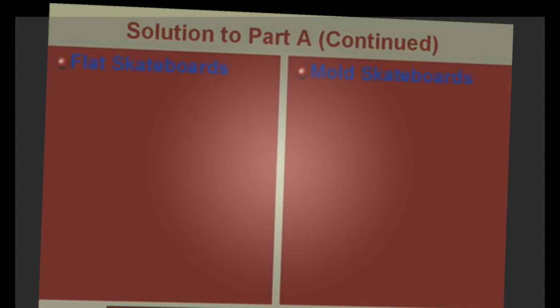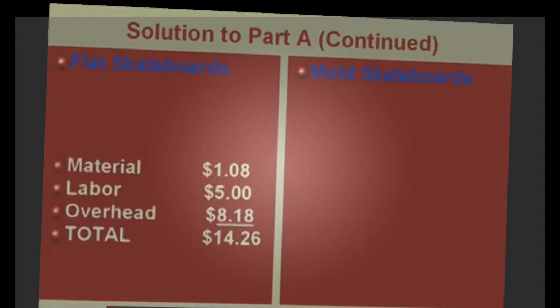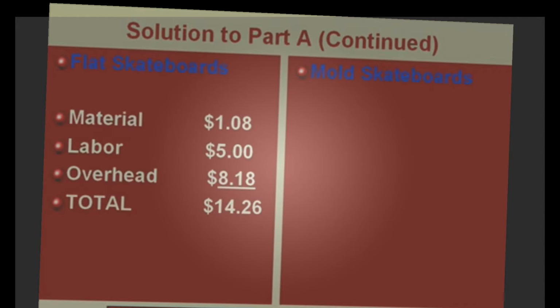So let's summarize the unit cost. That is, the cost of making 1 unit of flat skateboard and mold skateboard. For flat, it is material $1.08 given to you, labor $5 given to you, overhead, we just computed it, $8.18.